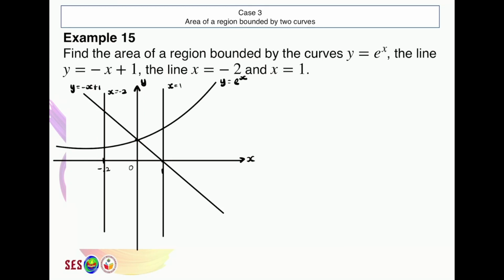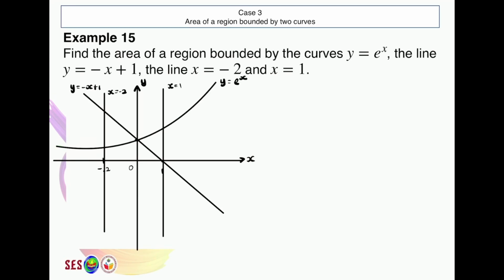Now the graph has already been given to us. What we need to do first is identify the region bounded by the curves. I'm going to highlight the curves and also the lines, so we can see where exactly the region is.